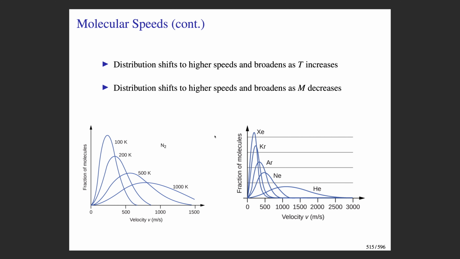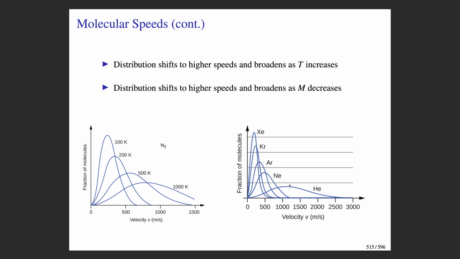This set of curves over here investigates the shift in the distribution with respect to molar mass. These are all at the same temperature, so let's say it's all at 300 degrees Kelvin. Comparing xenon to helium, you see that the heavier xenon atoms have a much lower average speed compared to the helium, and the distribution is much narrower compared to helium.